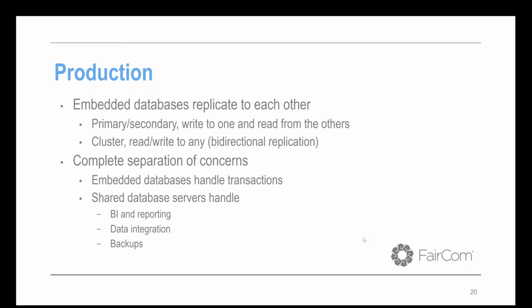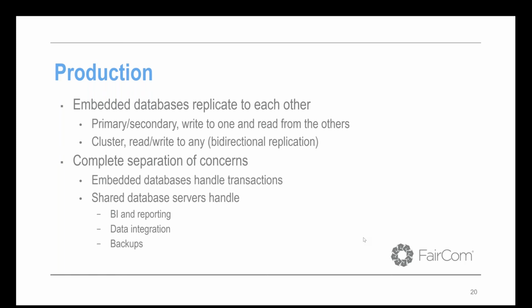And the choices are the same. Just think for a moment that you're not embedded, right? If you're, pick a database out of a hat, in your production environment, you're probably using replication or clustering of some sort. And like always, the DBAs have to choose: is it primary and secondary? Is it asynchronous or synchronous? Are we going to do clustering or bidirectional?